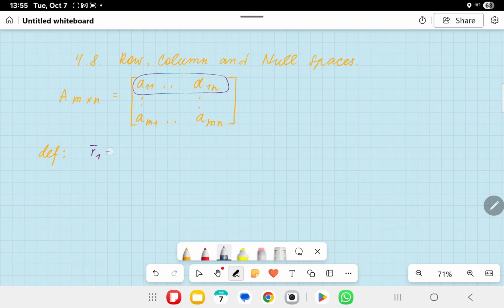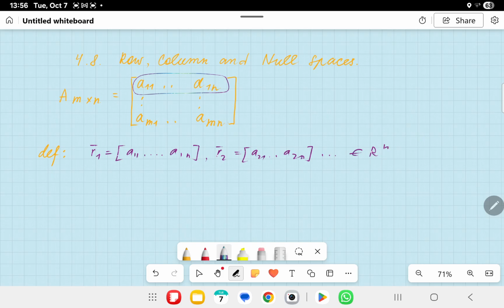Imagine that row number 1 is going to be a11 to a1n. Row number 2 is going to be what? a21 to a2n. We do see that these are vectors and all of them belong to Rn, right?